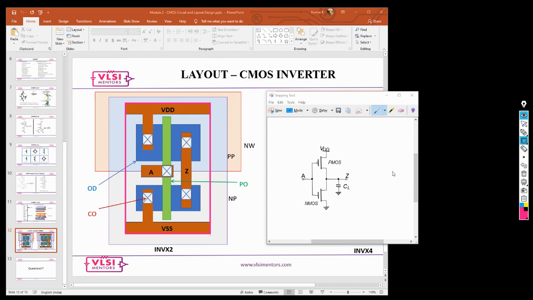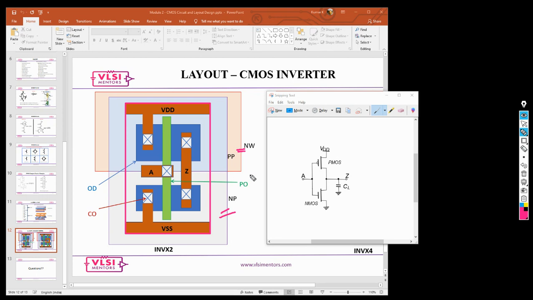Okay. Now your transistors. Look at this. As I said, you need what layer? Assume this white background is your silicon. Now N plus can be manufactured easily on the P substrate. Now to manufacture PMOS, you need something called an N well.